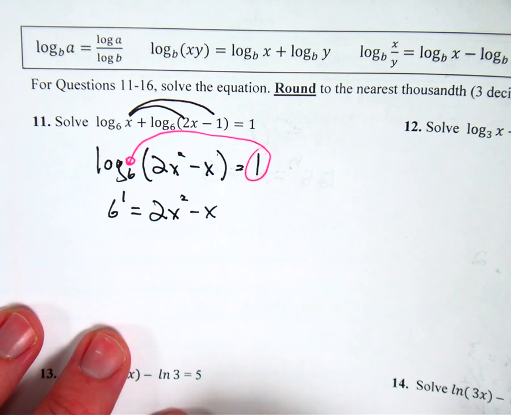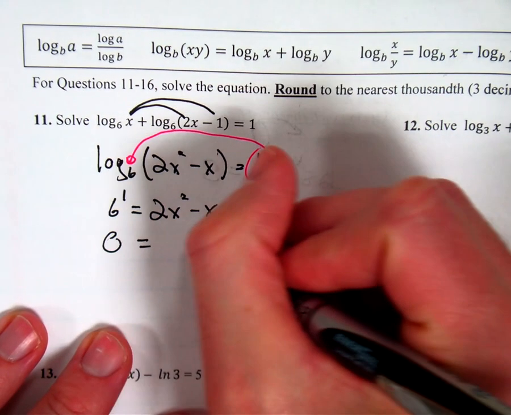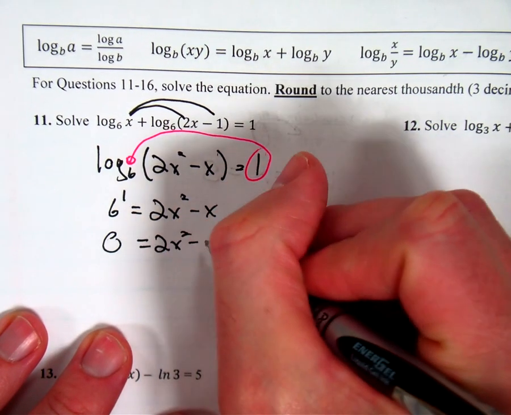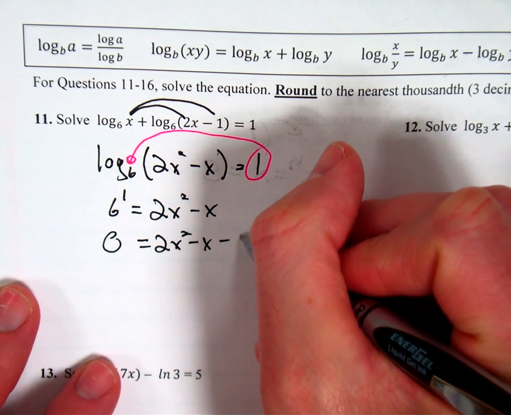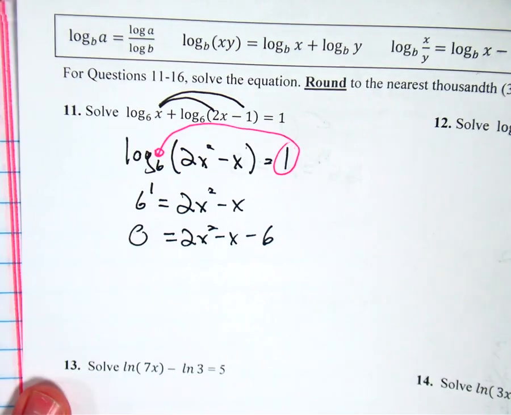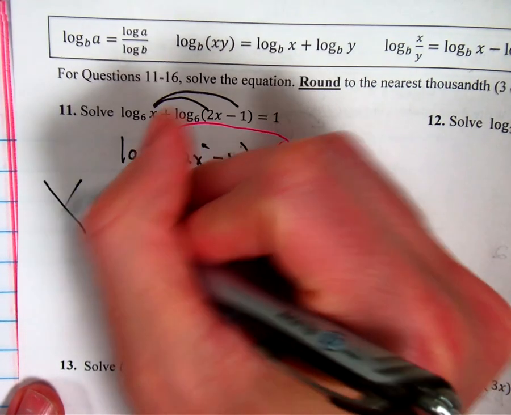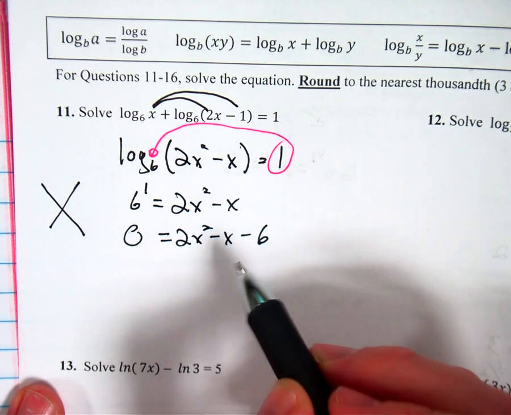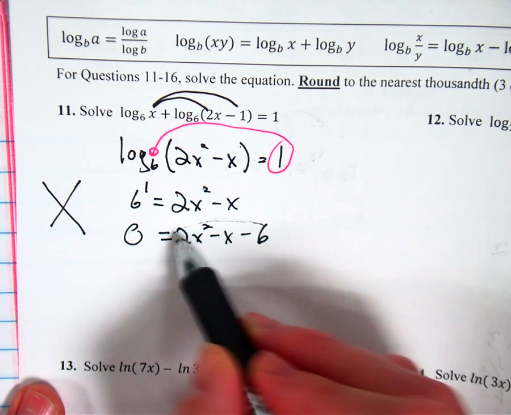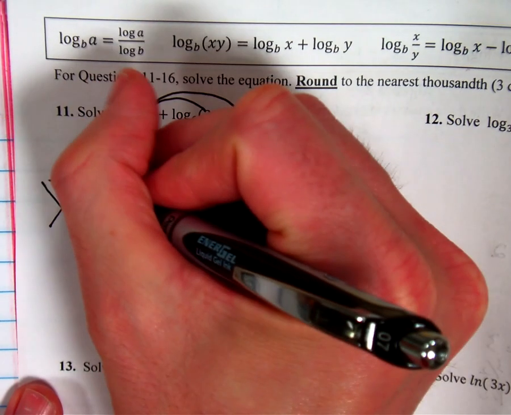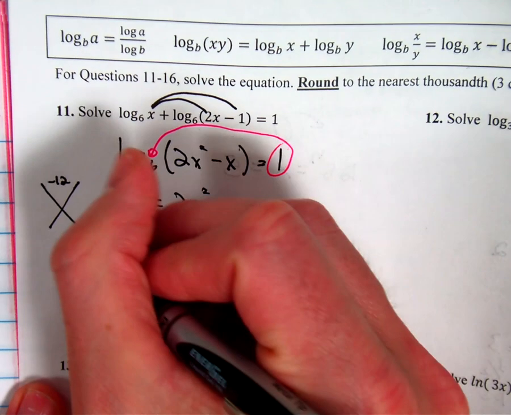Now we're going to get everything on the same side, minus that 6 over. And now we're going to solve by factoring. I am going to use my x this time, just because there's a number in front. 2 times negative 6, we got negative 12, and negative 1.